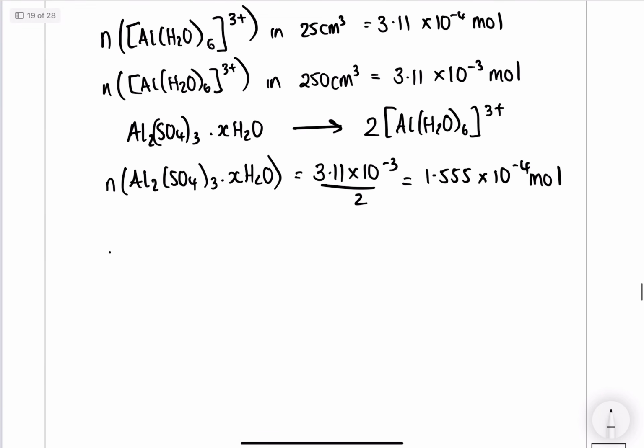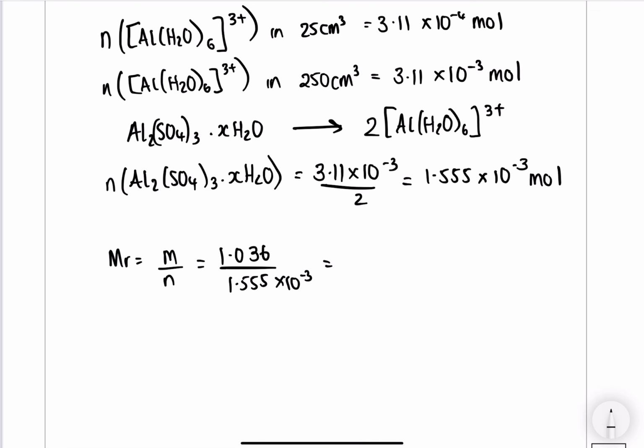So MR is mass over moles, 1.036 grams divided by the answer. Sorry about that, I've changed the standard form. Divided by the answer on the calculator.